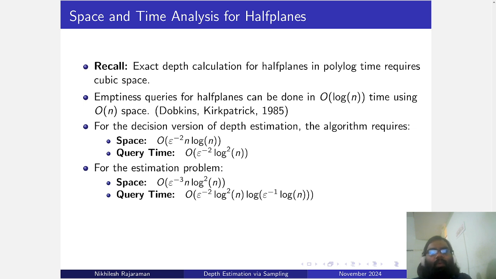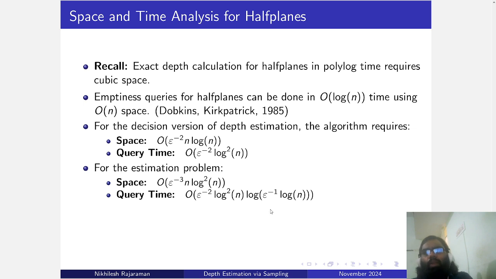That's our space. In terms of query time, we had this nice little trick. Instead of running all of these log n by epsilon different decision queries, we can do a binary search instead and only run log of log n by epsilon different decision queries. So the query time goes up by only a factor of log of log n by epsilon compared to the query time of the decision problem.